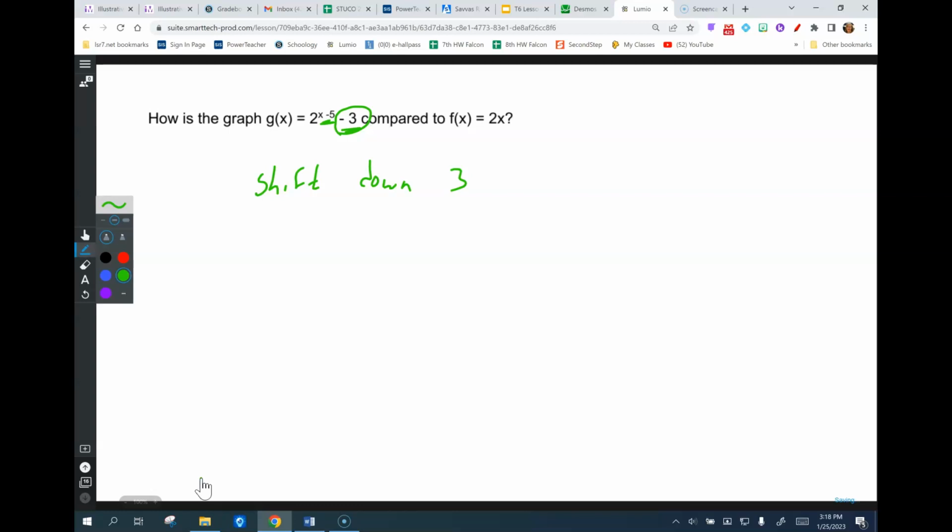And this is going to tell me that I'm going to go right 5. Okay, your asymptote is going to change based off of this. Your x-intercept is going to change based off of this. So here my asymptote changes, and then this is going to change my y-intercept. And what you do for that is just plug 0 in. Just plug 0 in and find it.